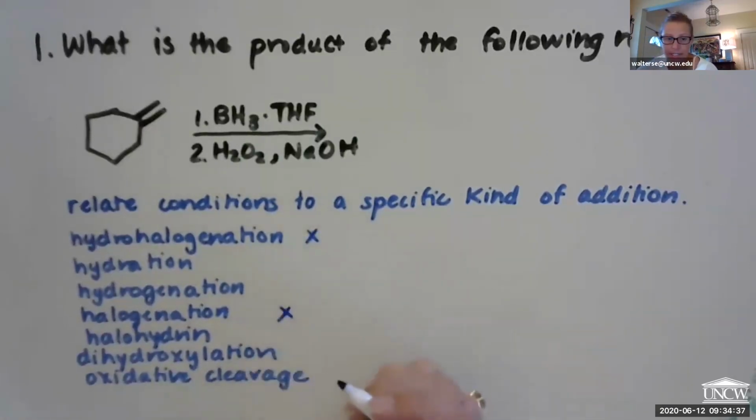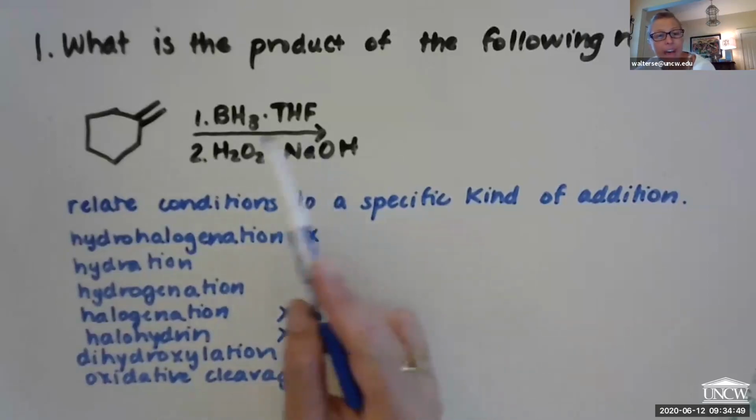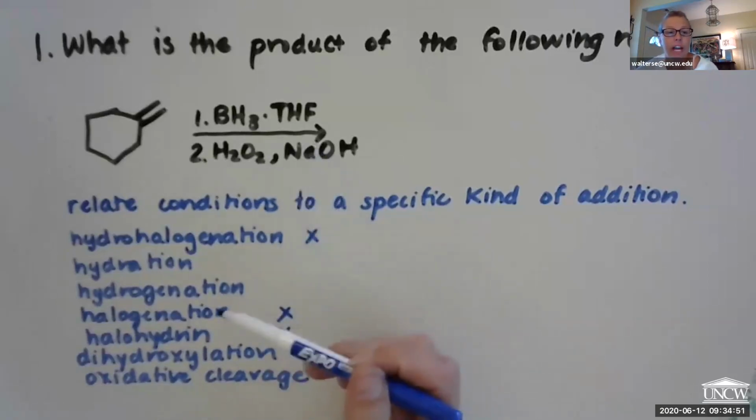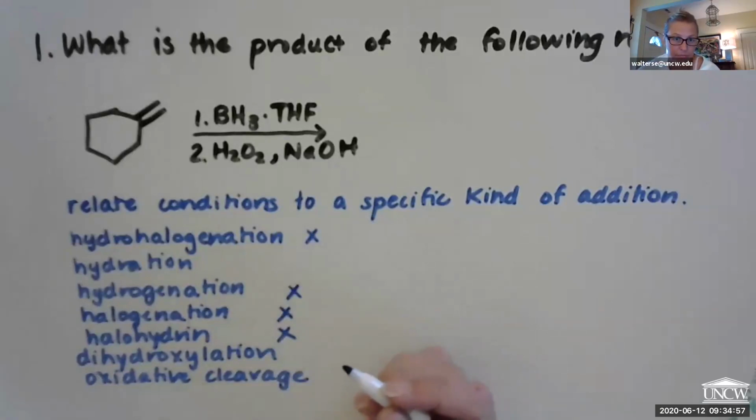Halogenation doesn't make any sense. Halohydrin doesn't make any sense. Hydrogenation requires hydrogens. Now you do have hydrogens, but the hydrogenation conditions are hydrogen over a reactive metal. So that one comes out. Oxidative cleavage is just ozone and DMS.